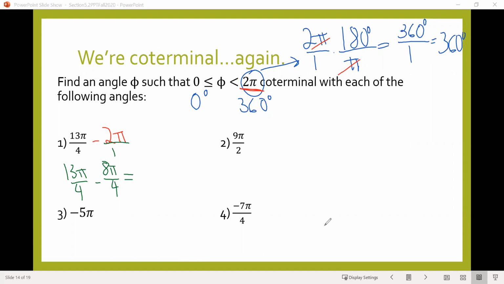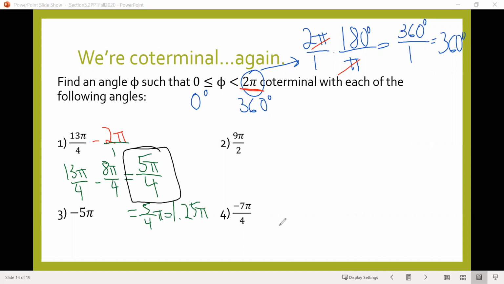When we subtract fractions, we just subtract the top. So we'll have 5 pi all over 4. And 5 pi over 4, that's the same as 5/4 pi, which 5/4 is the same as 1.25 pi. So we are in the correct range. So this would be our answer here, 5 pi over 4.